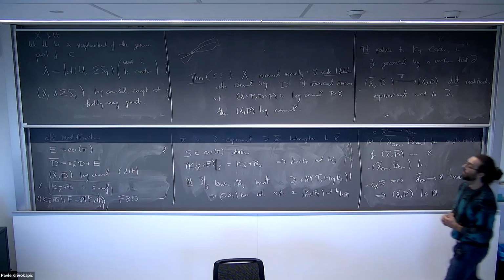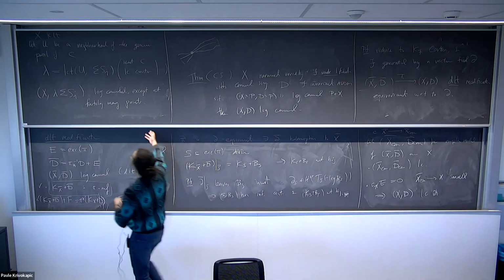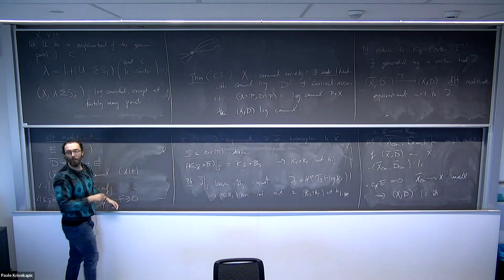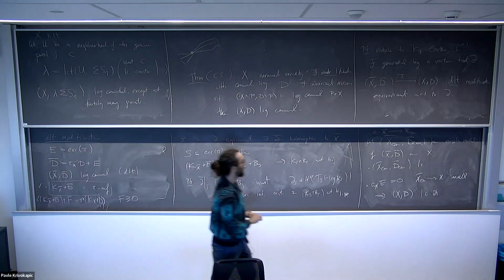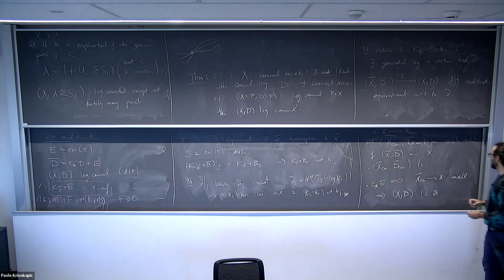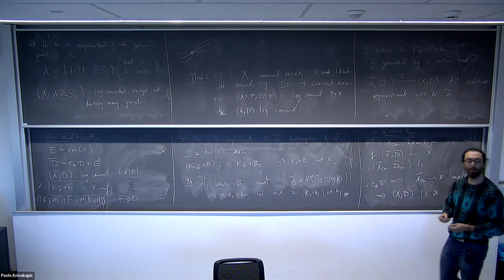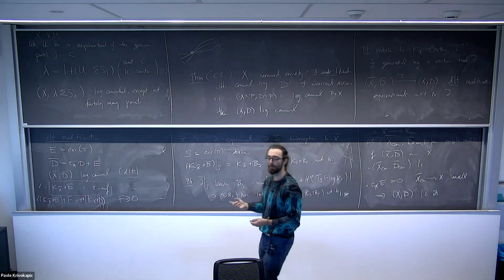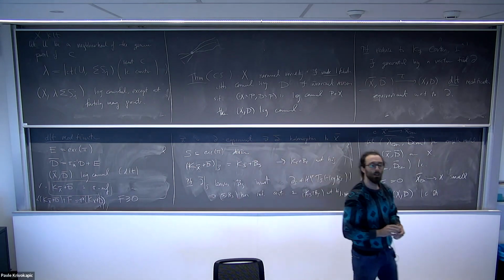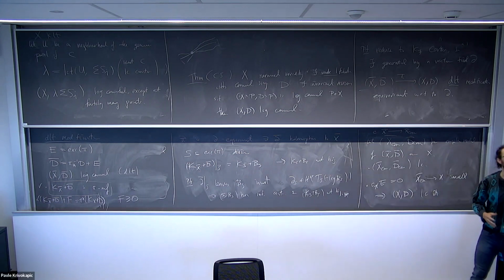Okay, so this was exactly what we needed then. I mean, it's small, and KX plus D is Q-Cartier. If it's not crepant, yeah, the divisors have nowhere to hide.